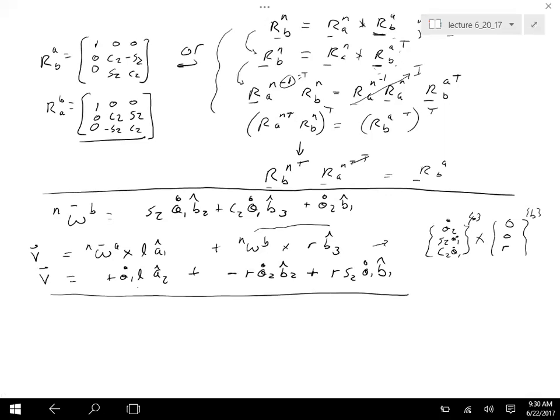The frames that make the most sense would be the body fixed frame or the inertial frame. We're going to see in just a moment that when I do my dynamics, I'm going to want to express the velocities and accelerations in the body fixed frame. There's a reason for that. So typically I'll use the body fixed frame. If I'm trying to look at the results later on, I'll do it in the inertial frame. But again, there's convenience.